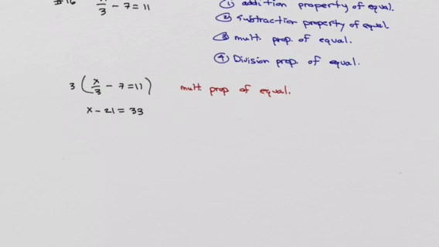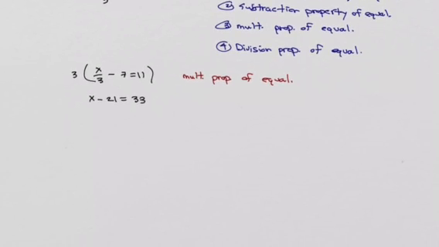So let's think about now, what would be your next step? So right now, think about what you would do in order to solve for x. So pause the video and do that. So hopefully you would agree that you'd get rid of that minus 21. And how do we do that? We'd add 21 to both sides. So right now what I want you to do is name the property that allows you to do that.